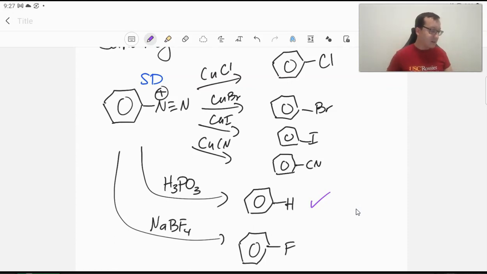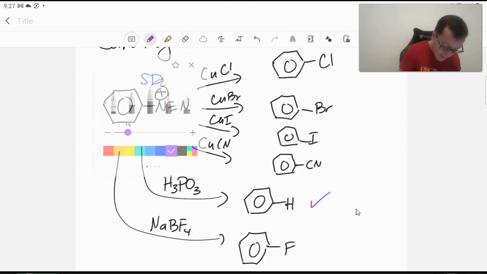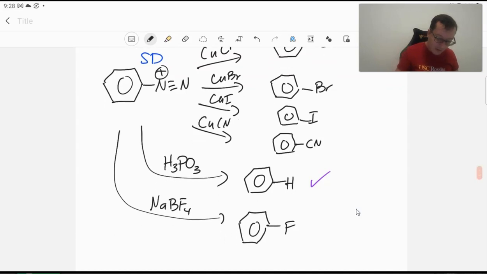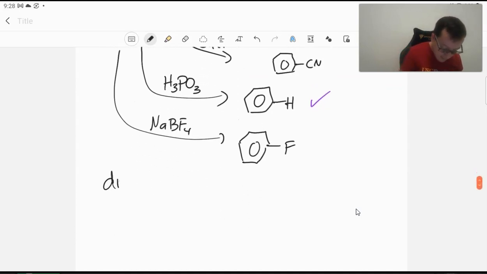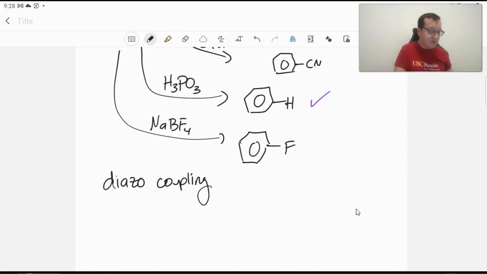Let's see, we can also couple these things together if we were so inclined. It's a little bit less common to do this, but you can make a diazo reagent by coupling your diazonium salt with another one.